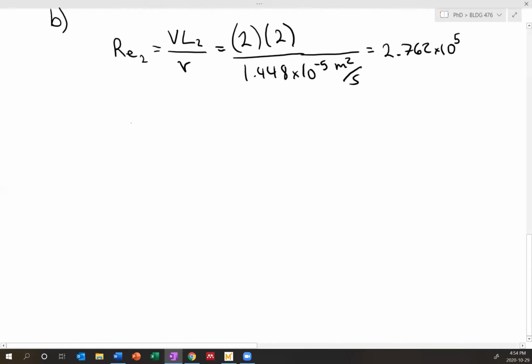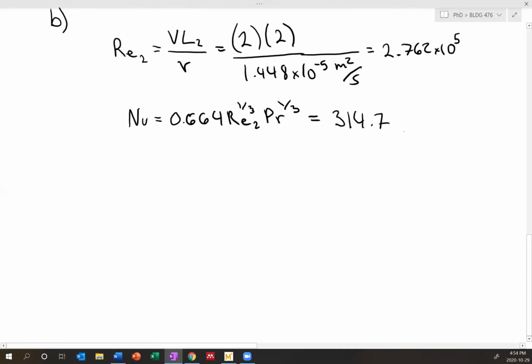All right, and then we find our Nusselt number again, same equation. And you notice the Reynolds number is subscripted 2 because we're talking about our second plate, but our Prandtl number stays the same because we assumed a constant surface temperature throughout the whole thing.